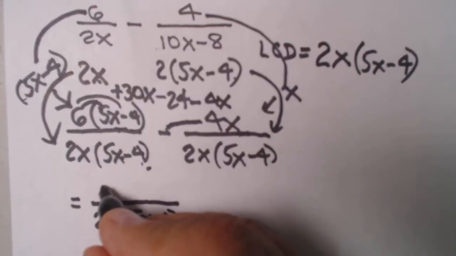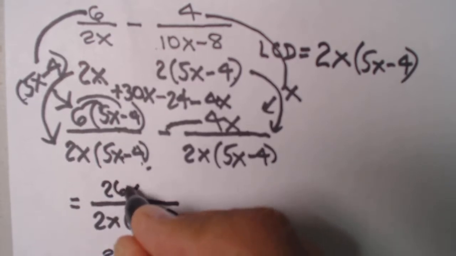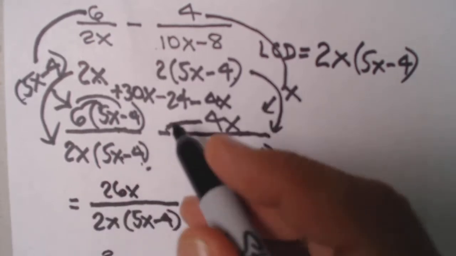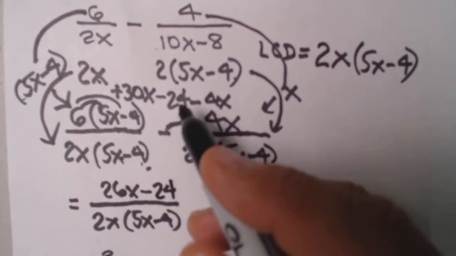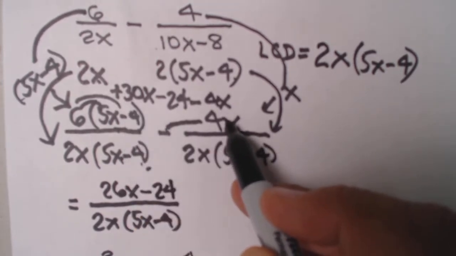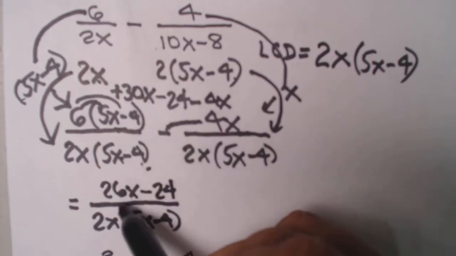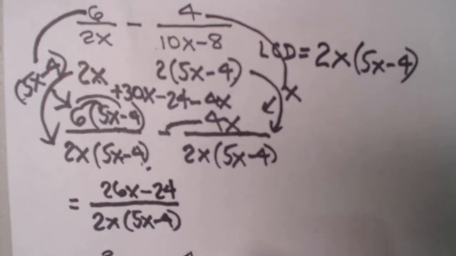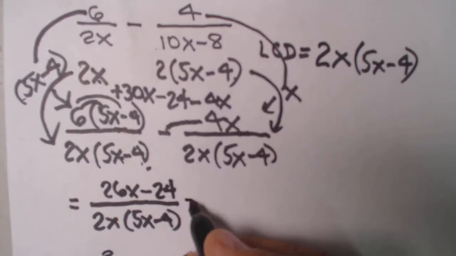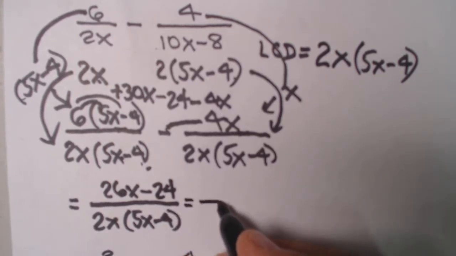Looks like I've got 26x. You could put a plus in front of that if you want. And then minus 24. Okay, so again, combining the x's, I end up with positive 26x and then the plain number minus 24. Okay, the next thing we have to do is see if we can reduce this any.